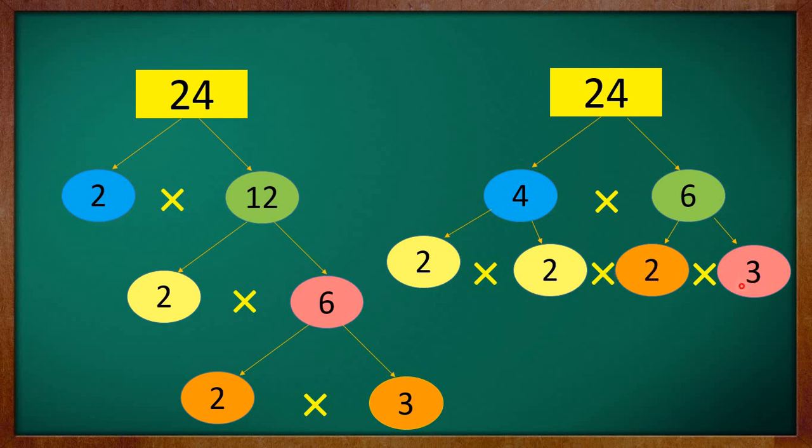And when we get 1 and number itself as the factors of the number, then we will stop extending the branches of the factor tree, and we may write all the numbers which do not get extended in multiplication as the factors of the given number.